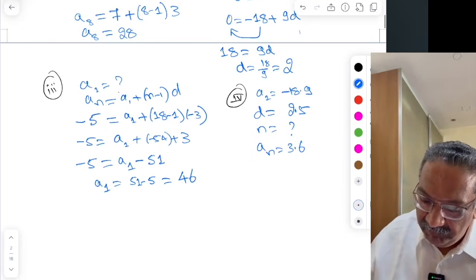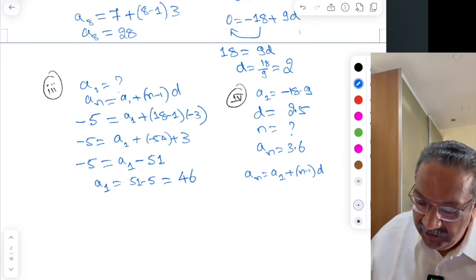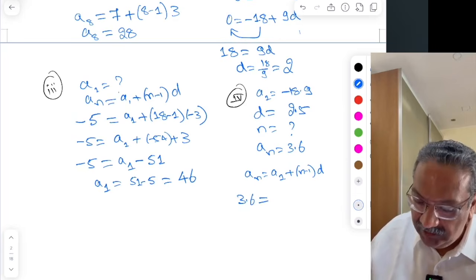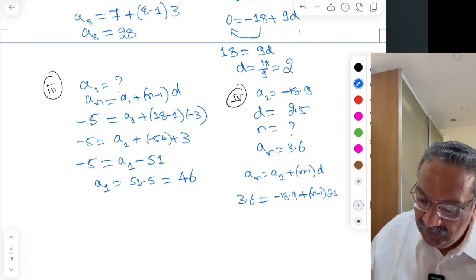So if we apply the formula, AN is equal to A1 plus (n minus 1) D. AN is given to be 3.6, is equal to A1, which is minus 18.9, plus n is not known, D is 2.5. So 3.6 is equal to minus 18.9 plus 2.5n.